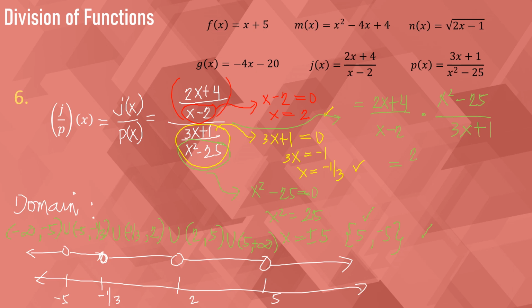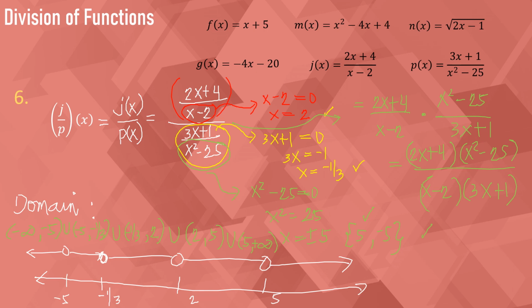Therefore, you can just have 2x plus 4 times x squared minus 25 over x minus 2 times 3x plus 1. This is already accepted, but you might as well end as a product of these two binomials.